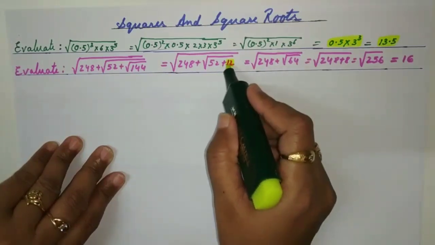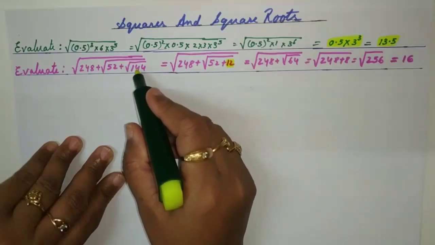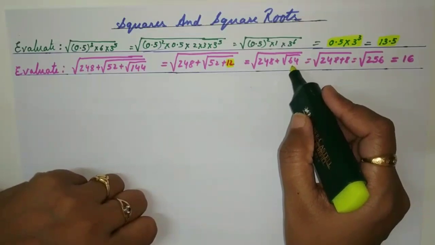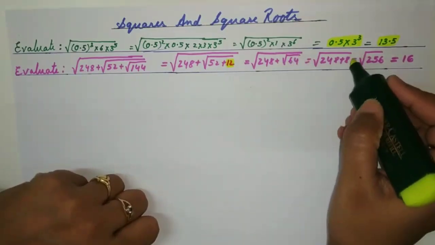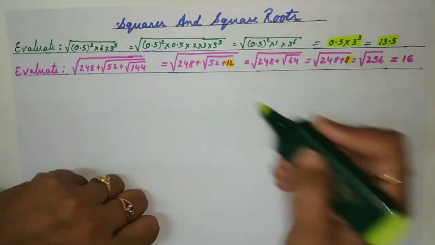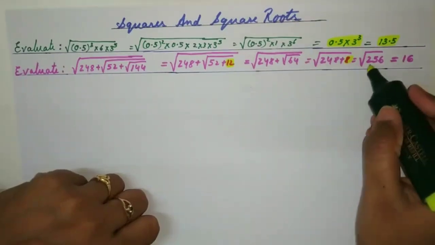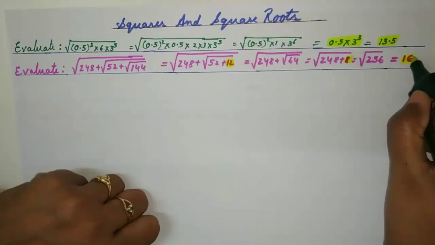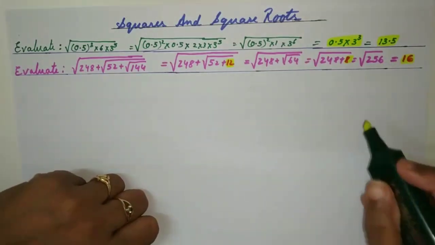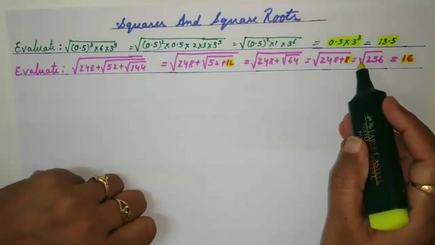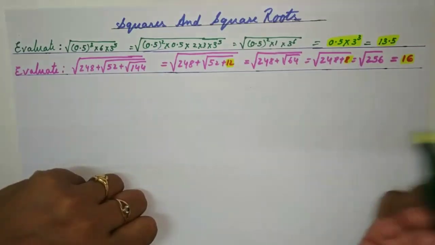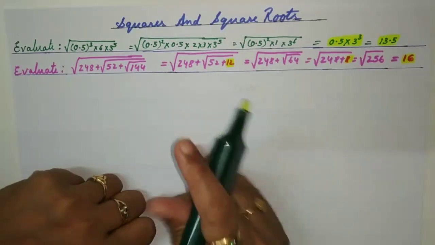Okay, so 12 square is 144, so square root of 144 is 12. Sum of these two is 64 and the square root of 64 is 8. 8 8s are 64. Sum of these two is 256 and the square root of 256 is 16, 16 into 16 is 256. Very interesting question. Do it step by step. You'll remember. Understand as well.